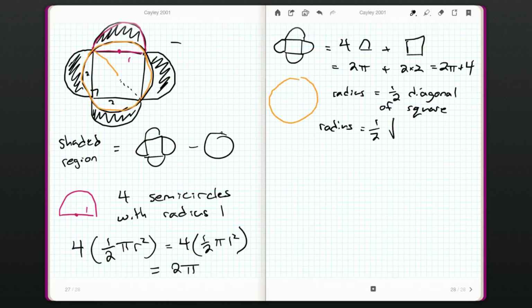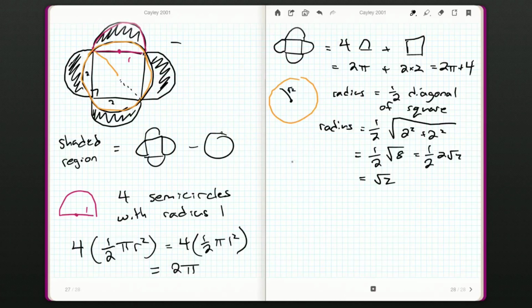So it's a half, using the Pythagorean theorem, square root of 2 squared plus 2 squared. So 1/2 square root of 8. Square root of 8 can be written as 2 root 2. So the radius here is going to be root 2. So the area of the circle, well, that's just pi r squared. So that's pi square root of 2 squared, or 2 pi.